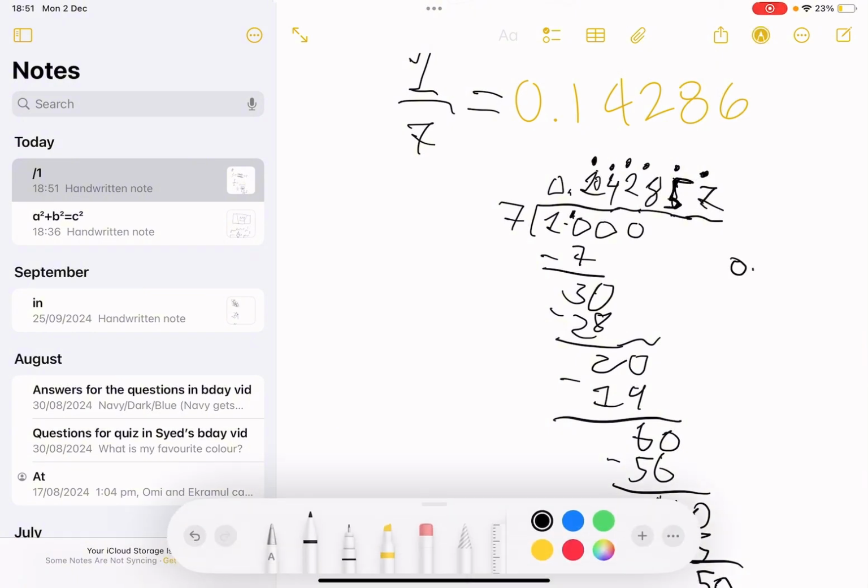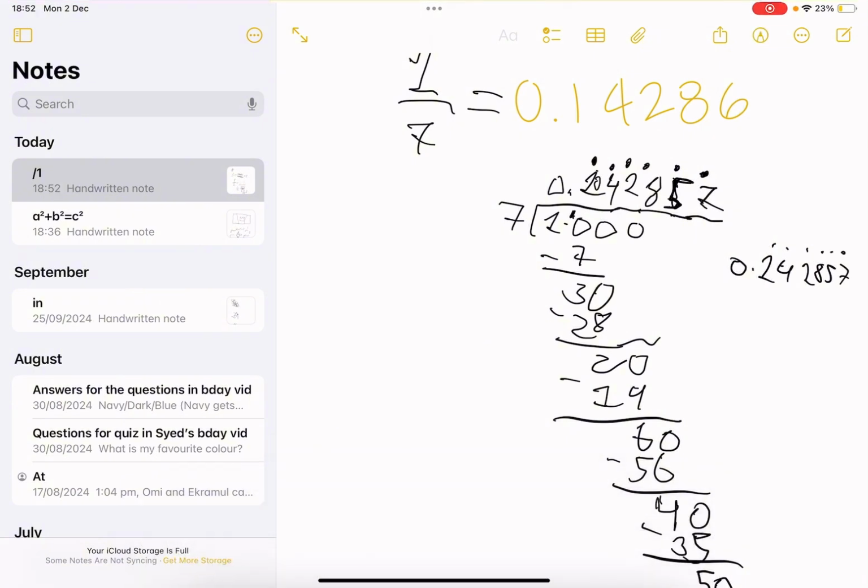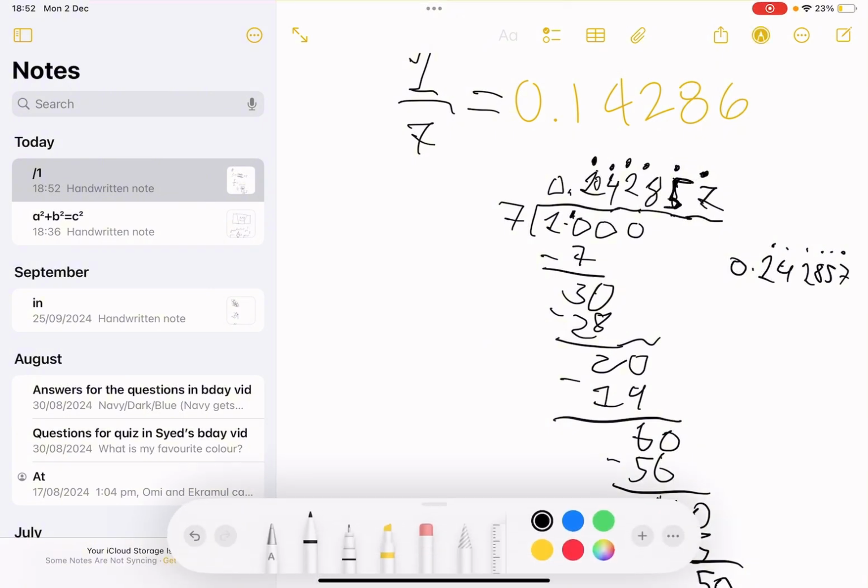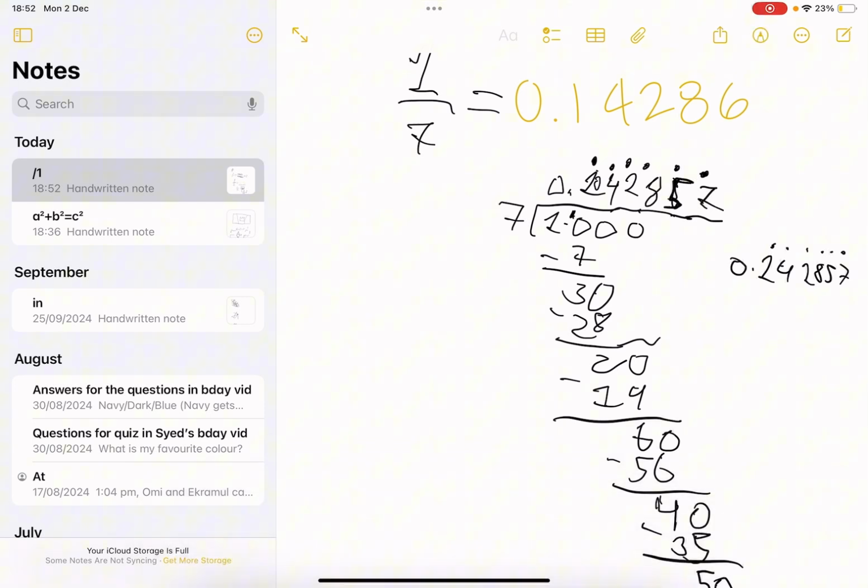So we have 0.142857 repeating. But you wouldn't say 0.1 repeating and then 42857, because that's saying 0.11111 and then eventually 42857. So that's why you put a dot on all of them. Does that make sense? And you don't have to put it on only 7, because that's saying 0.14285777777 and so on.